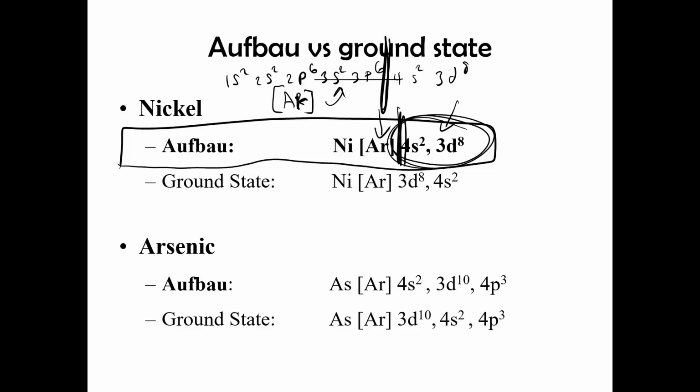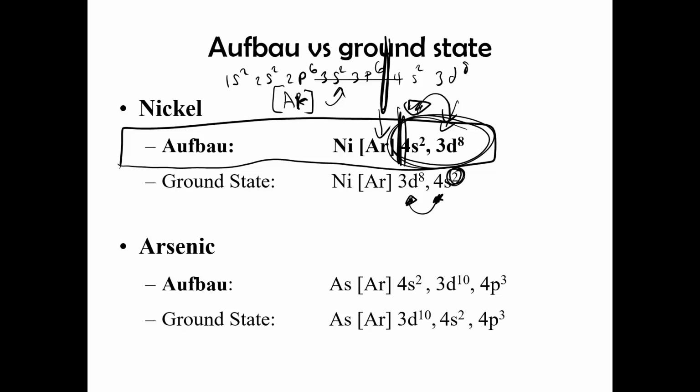Now, in reality, what happens, as I told you, once you populate the 3d and the 4s, they switch in energy. Okay? And this becomes important later on when we make ionic compounds. Ionic compounds are metals that lose electrons. And so something like nickel will lose 2 electrons. And it's going to lose the ones that are highest in energy.